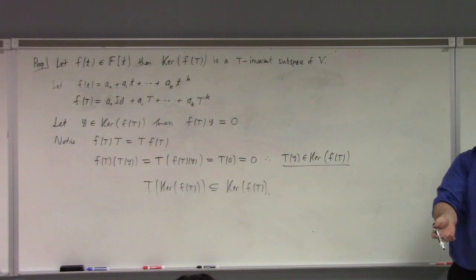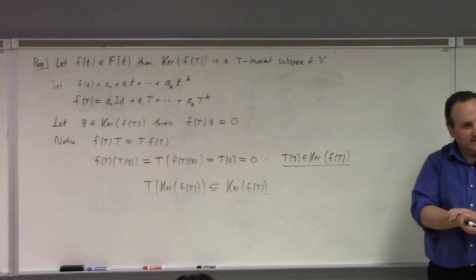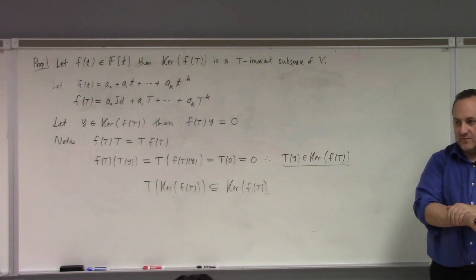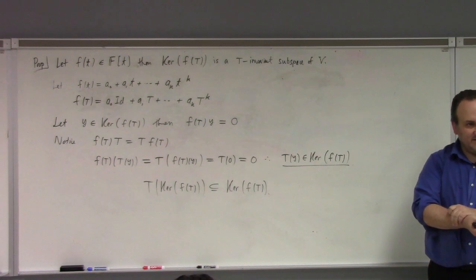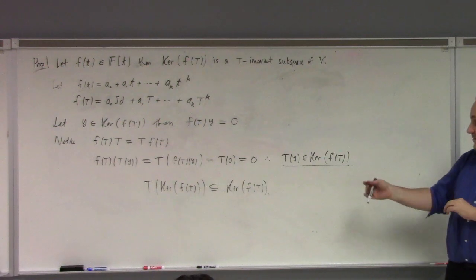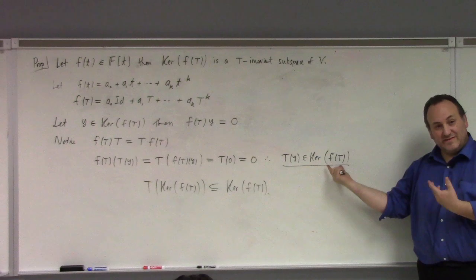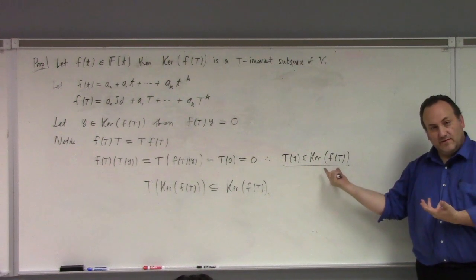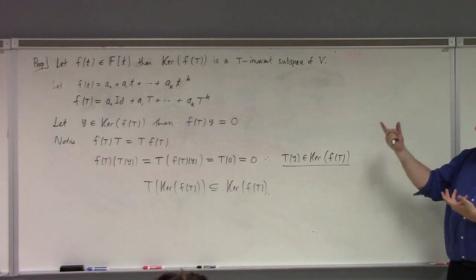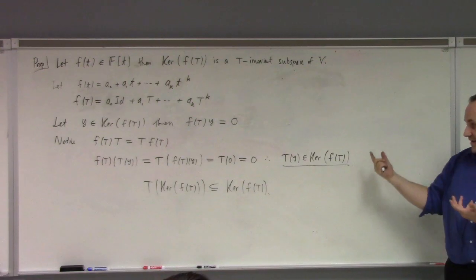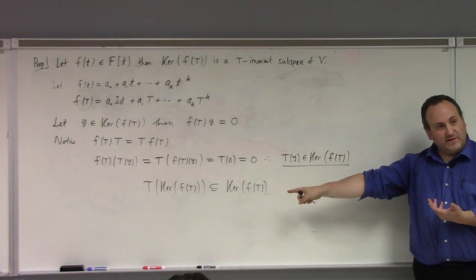How about this? Prove the kernel of a linear transformation is a subspace. Which linear transformation is that true for? The answer is yes. This is a general theorem. In particular, it's true for a polynomial in a linear transformation, which is itself a linear transformation. So yes, we already know from the outset that the kernel of f of T is a subspace, and therefore it's an invariant subspace.